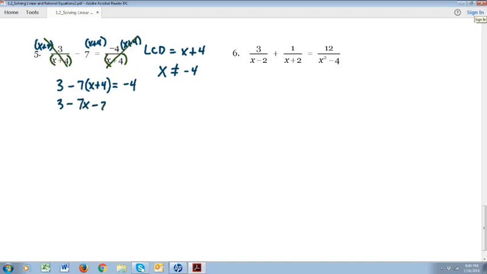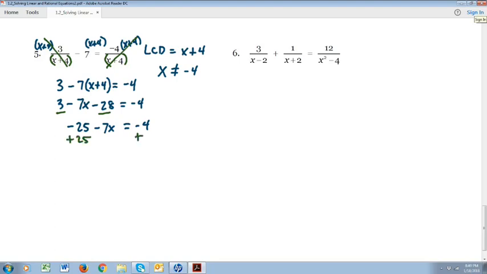We've got some simplifying to do. We need to distribute. And then we have some like terms, the 3 and the minus 28. So we're going to get negative 25 minus 7x. On the other side, negative 4. So again, we've done the CSI steps, and we have a two-step equation.